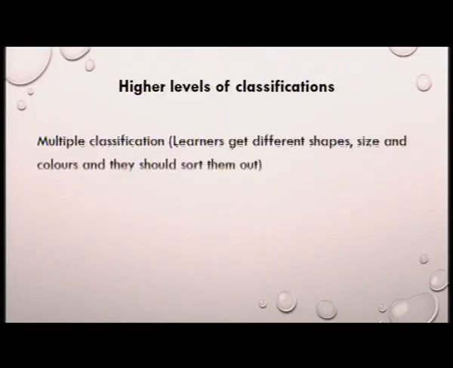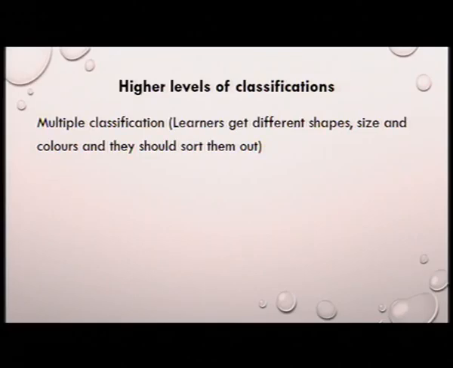Higher level of classification. Now, there is another higher level of classification that you need to teach your learners. Multiple classification is when a learner gets different shapes, sizes, and colors, and they should sort them out. You mix them all. There is yellow, pink, and then there is blue, there is small, big, there are rectangles, there are squares, and all these things are in one box, and you ask the learner, please group all the yellow things together.